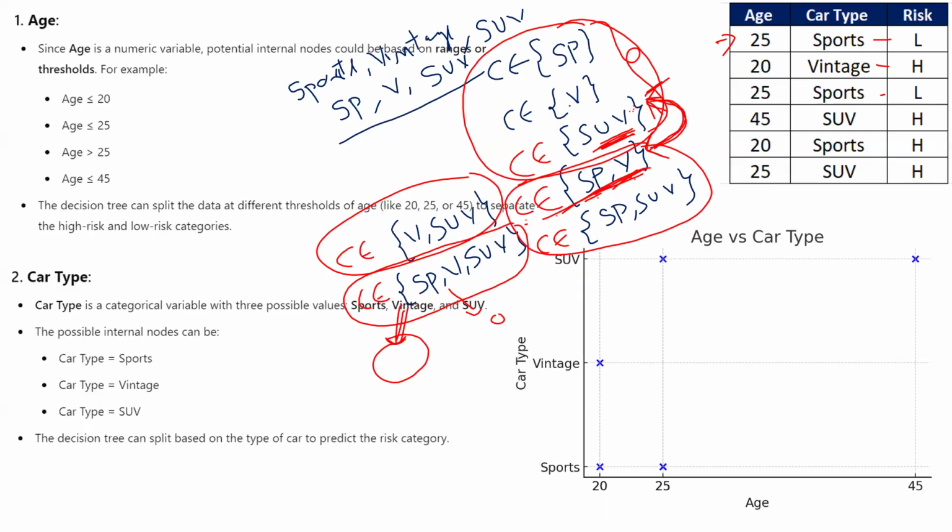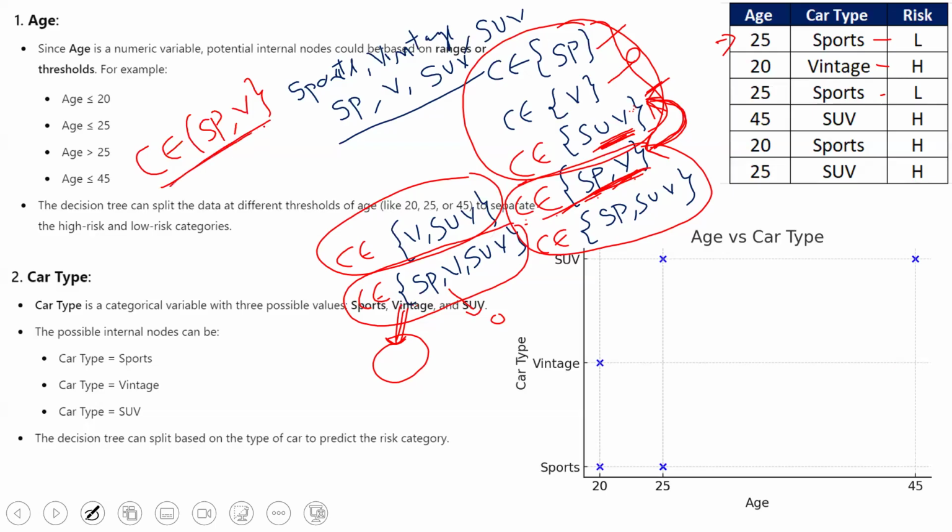So what I'm trying to say is that these three are also capturing information with these three. If you use C belongs to sports and vintage, it is already covered in C belongs to sports, C belongs to vintage, right?